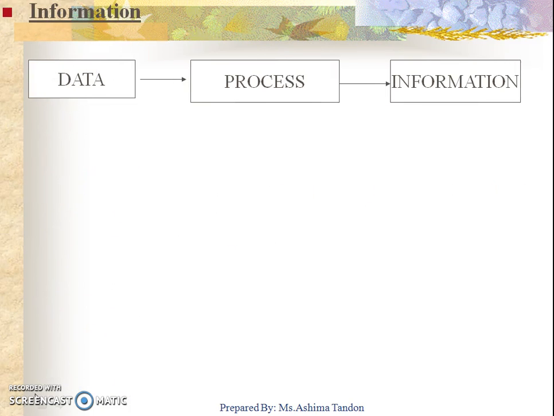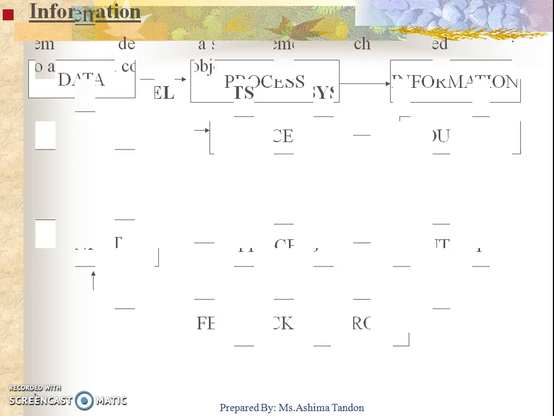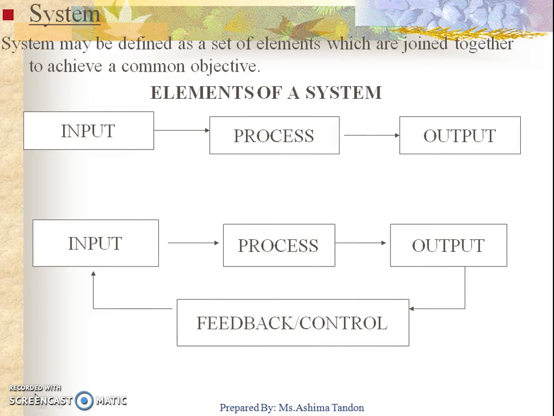Talking about information, as we earlier discussed when we were talking about the concept of information system, data, when it is gathered from different sources, that is the input, is processed and converted into output, which is nothing but useful information. Third term, that is the system, it is a set of elements which are joined together to achieve a common objective.